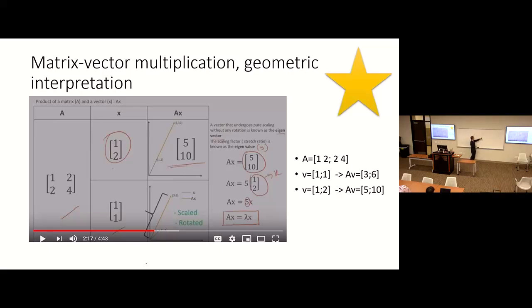3, 6, what that means is this vector becomes longer. And also the direction changed. So it was 1, 1 somewhere here. So if you can see this clearly, and then after multiplication, it becomes longer, becomes 3, 6, and also rotates by a small angle positively in that direction.